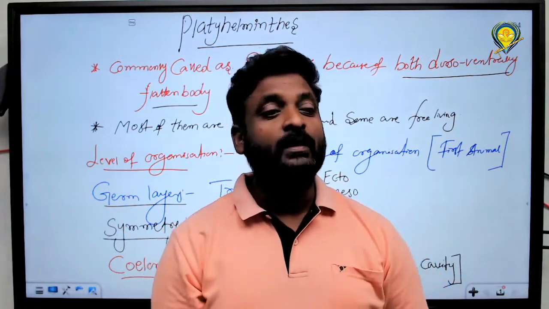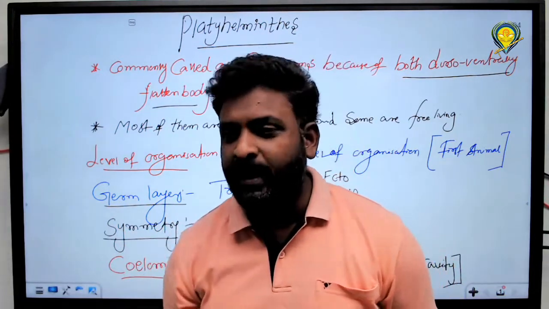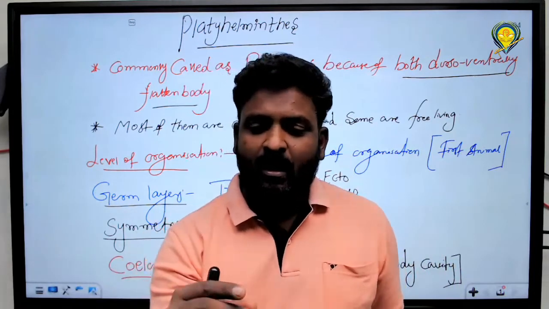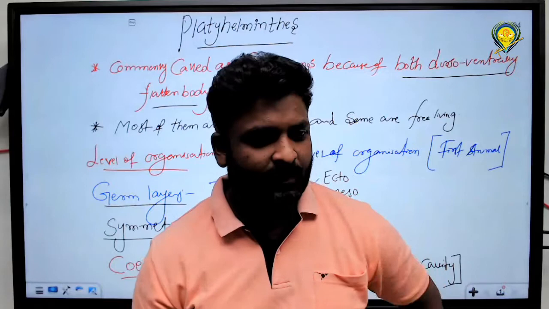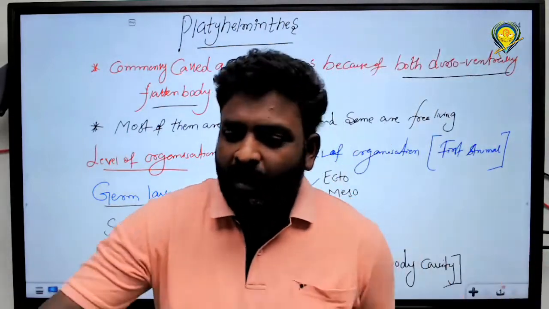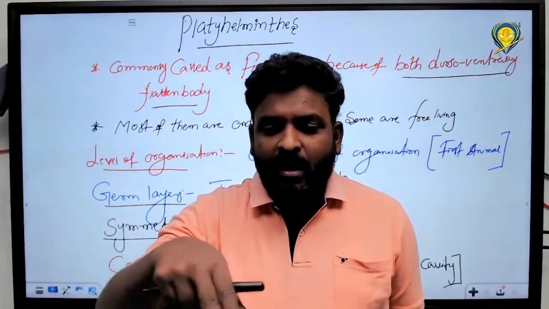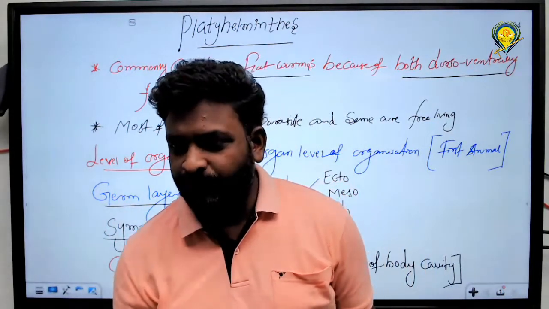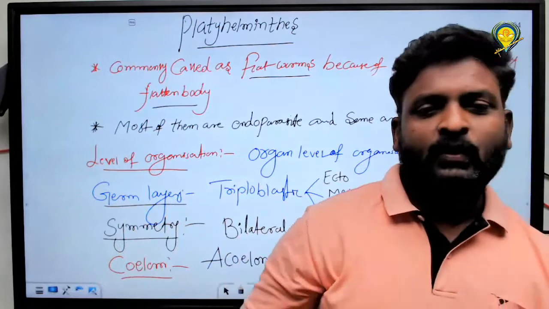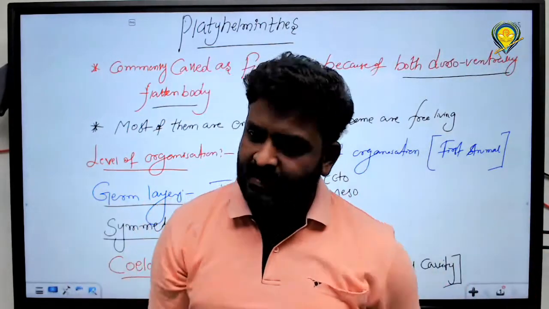Yes. With a single opening, it is also called what? Incomplete gut. Right or wrong? One end is the blind end, the other end is not open, right or wrong? Only one opening. So the alimentary canal, the intestine, is there, right?